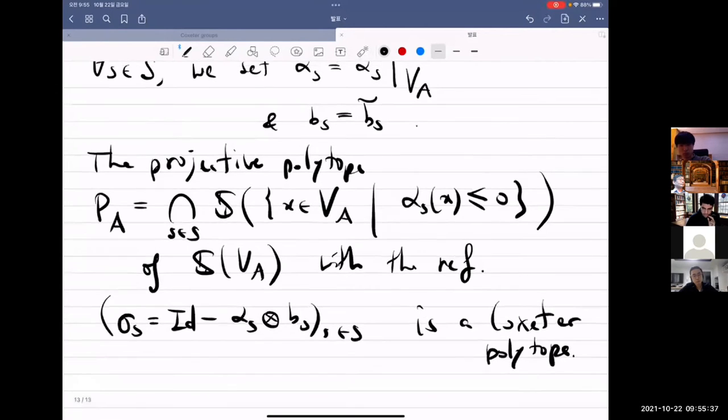So maybe I think I drew at least some simple pictures. For example, previously we have 4 generators for this Cox group, so we have a Cox tetrahedron, right?